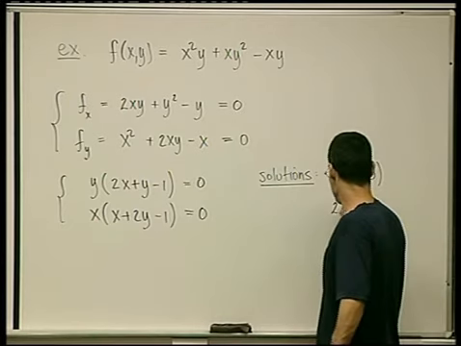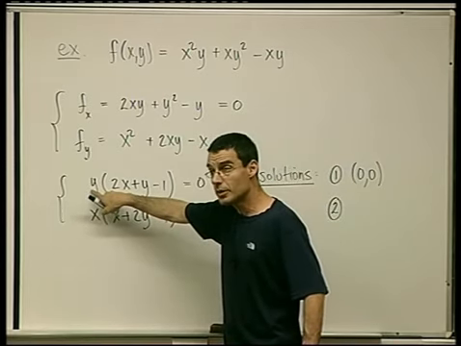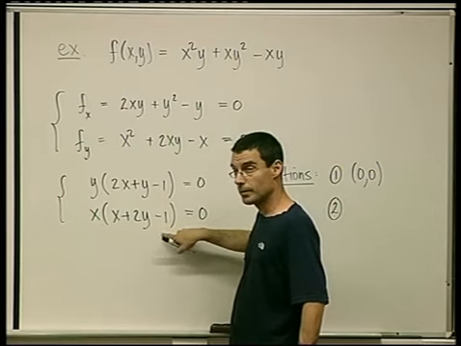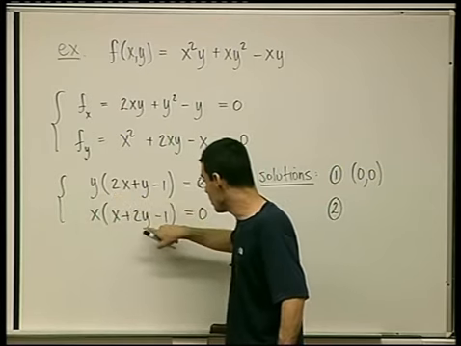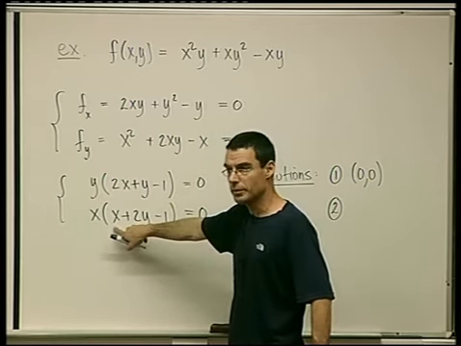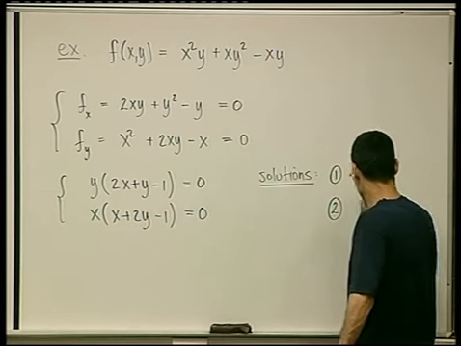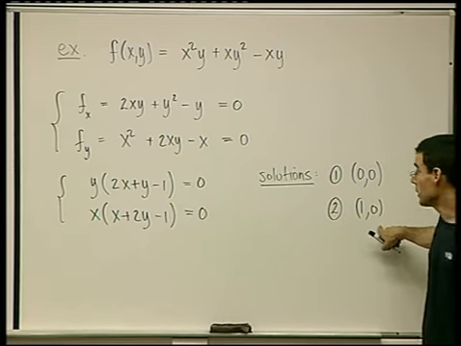The second solution: suppose y is 0 here, but here not x is 0, but rather this one is 0. But remember, y is 0. So if y is 0, x has to be 1. Do you see that? Did everybody understand how I just found this solution? Good? Okay.